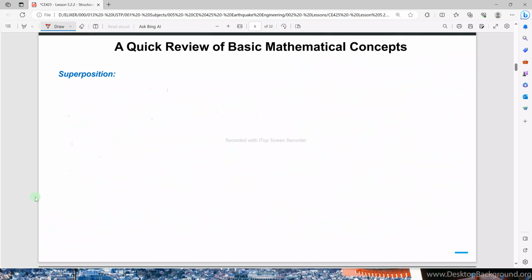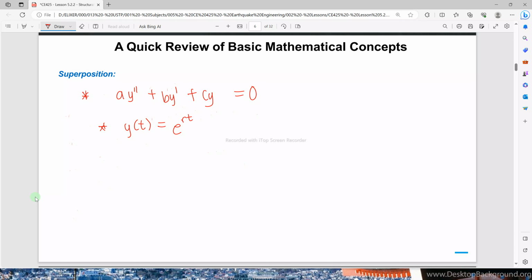To make this easier to understand, let's have again our second order differential equation: a y double prime plus b y prime plus c y is 0. The solution will be in the form y of t is equal to e to the rt.